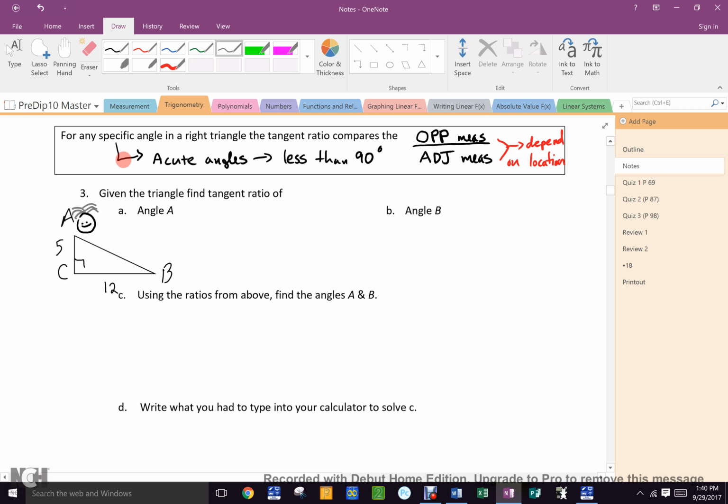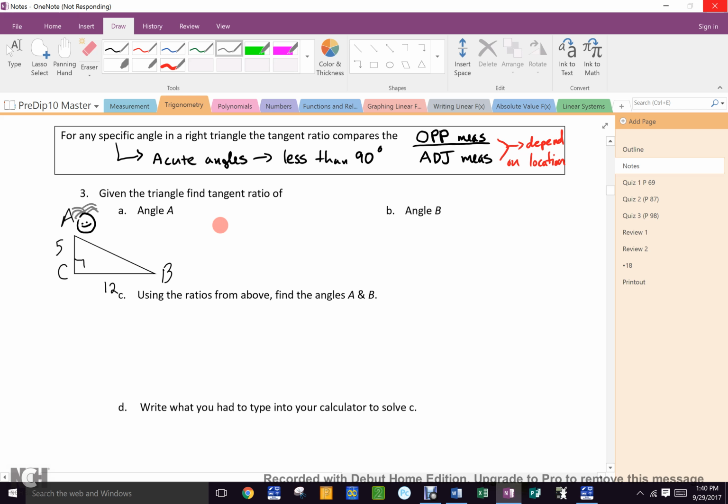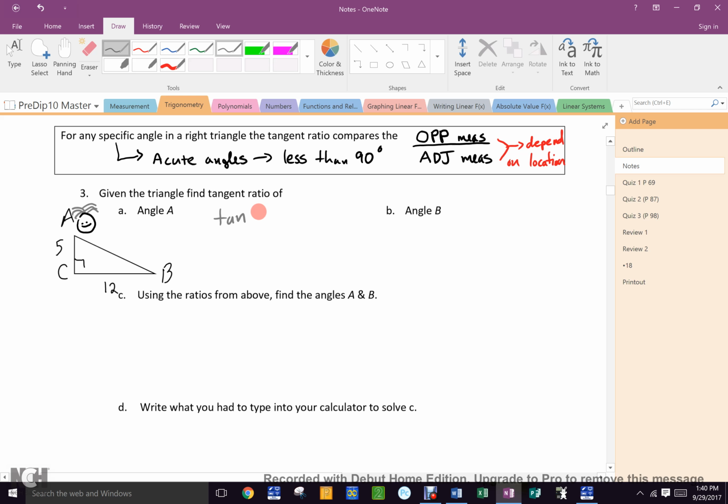Right now, I am at location A in this triangle, yes? So what then is the tangent of angle A? Tangent is always what? Opposite over adjacent. So I am going to write in those numbers. What are they?